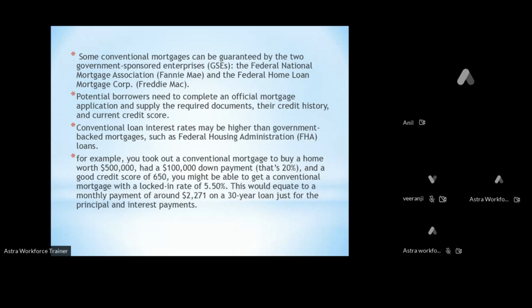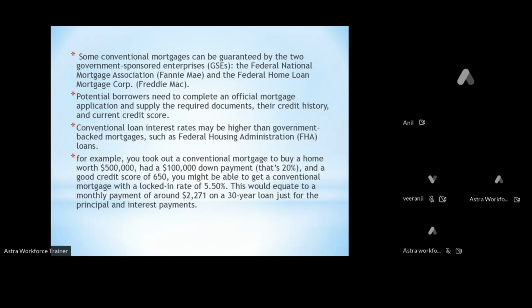For example, you took out a conventional mortgage to buy a home worth $5 lakh, had a $1 lakh down payment, that's 20%, and a good credit score of 650. You might be able to get a conventional mortgage with a locked rate of 5.5%. This would equate to a monthly payment of around $2,271 on a 30-year loan just for the principal and the interest payments.